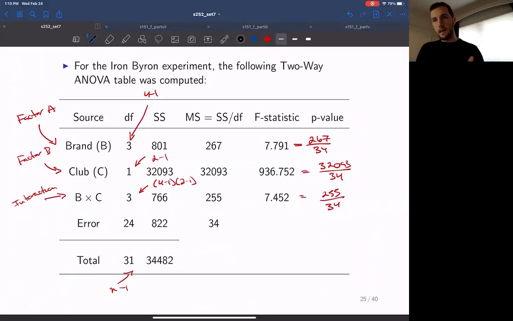Right, so little a is the number of levels of factor A. So little a would be 4 in this particular example. Little b is the number of levels of factor B. So little b would be 2 in this example. Little r is the number of replications that exist for each treatment combination.